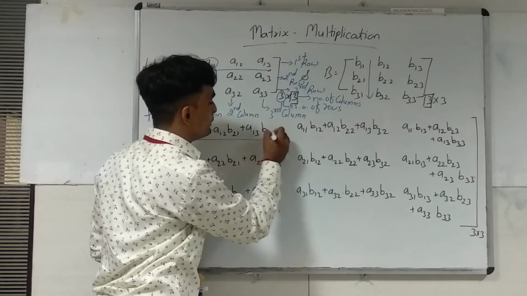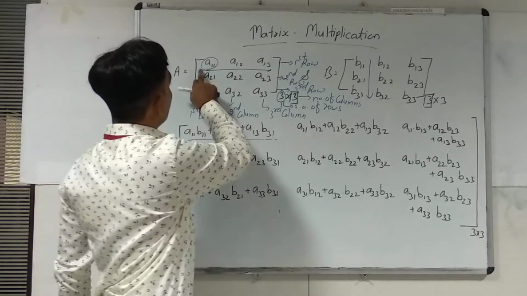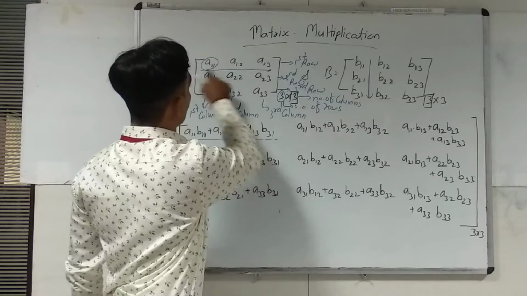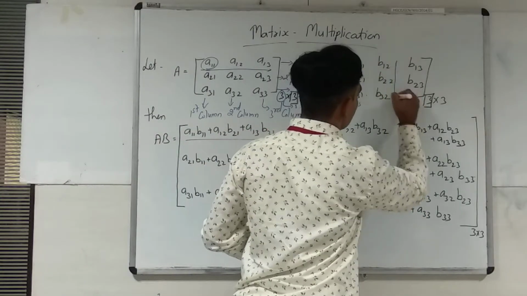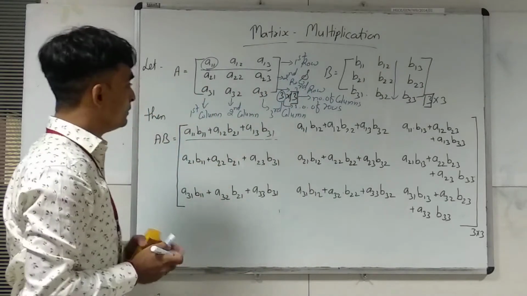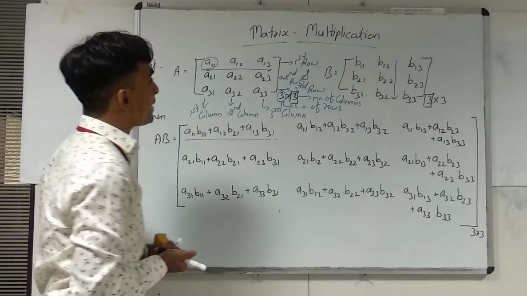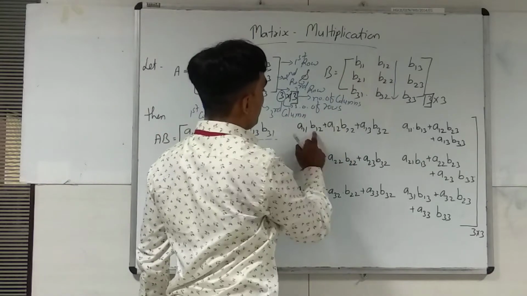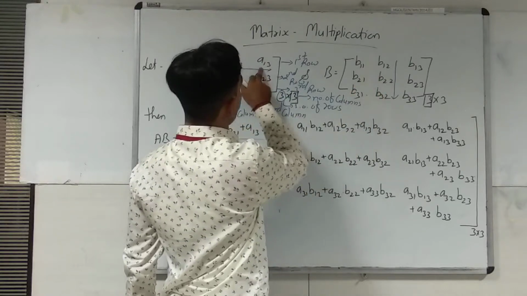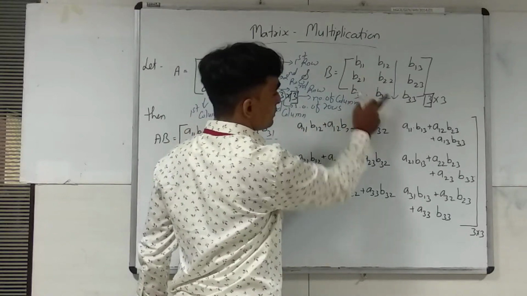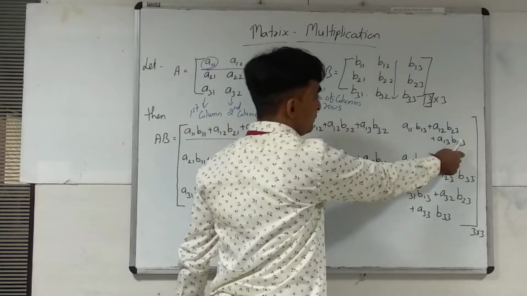Same way for first row, second column: A11 B12, A12 B22, A13 B32. Similarly for this one.